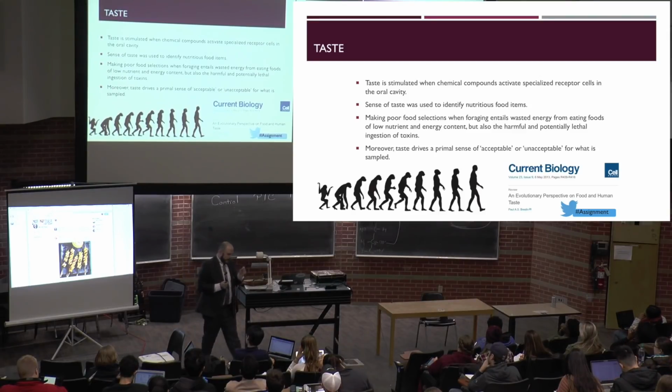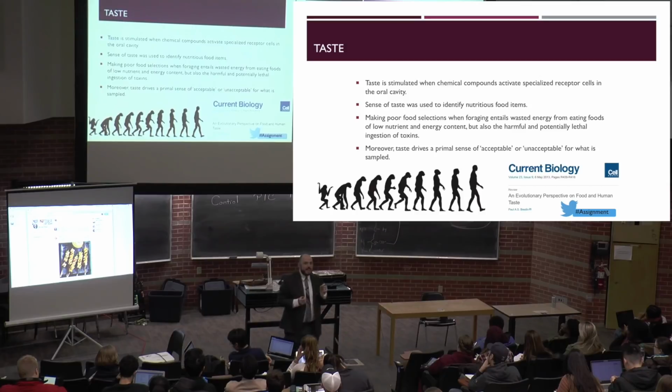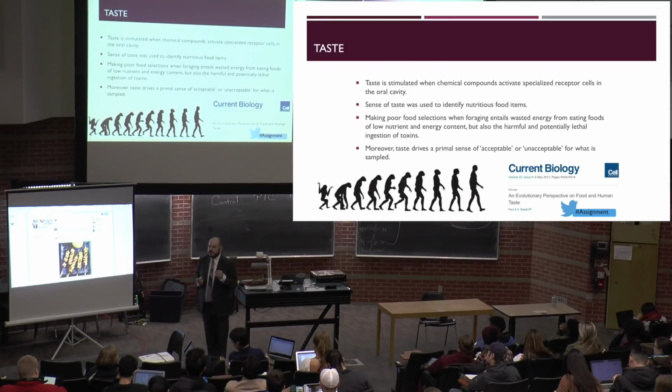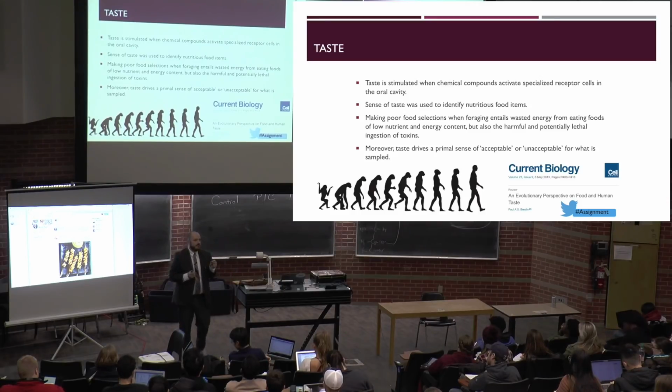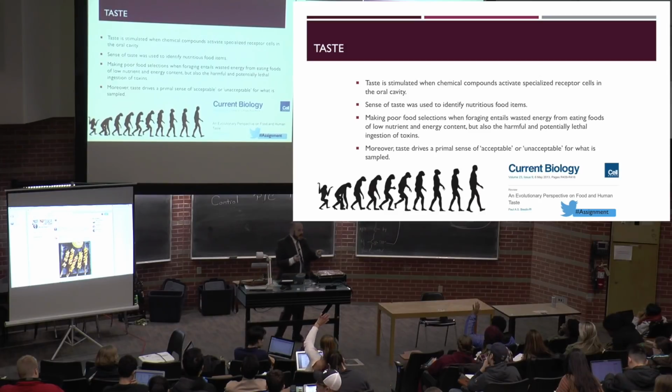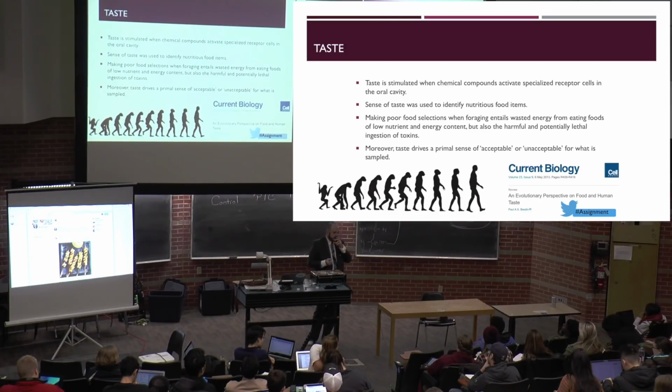From an evolutionary perspective, we have evolved to prefer foods that are sweet. Why would that be? Because sugar is a really simple carb, and we use a lot of carbs for energy, so it's easier to store it.